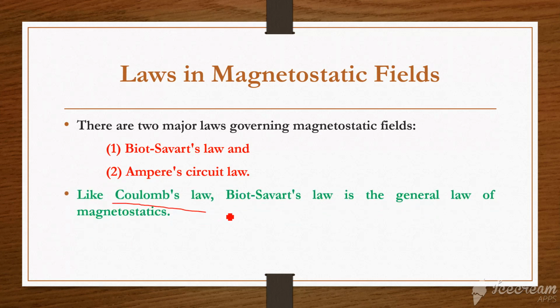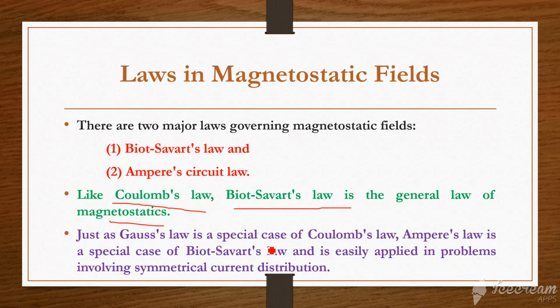Like Coulomb's law, the Biot-Savart law is the general law for magnetostatics, and just as Gauss's law is a special case of Coulomb's law for the electrostatic field, Ampere's law is a special case of the Biot-Savart law and is easily applied in problems involving symmetric distribution. Ampere's law is only applicable to symmetric current distributions, but the Biot-Savart law is applicable to all cases. Other than the symmetrical case also, we use the Biot-Savart law.